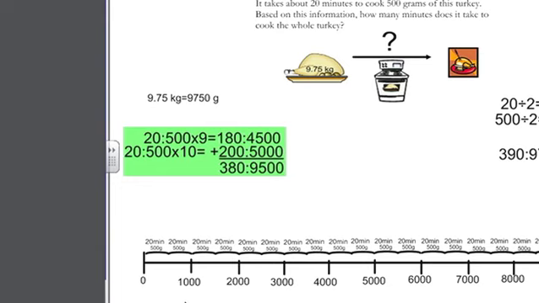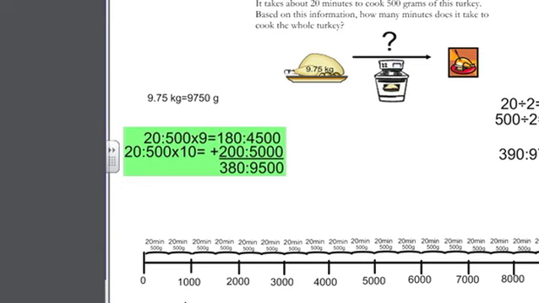We noticed that if we multiply by 9 again, we would not get close to 9,750 grams. So we multiplied 20 to every 500 by 10 to get 200 minutes for every 5,000 grams.